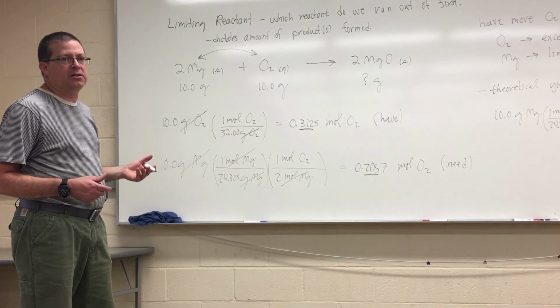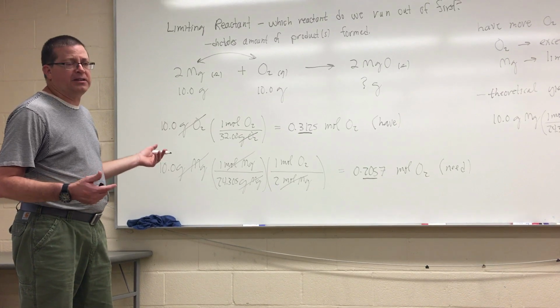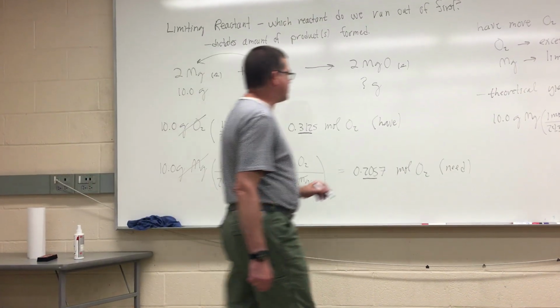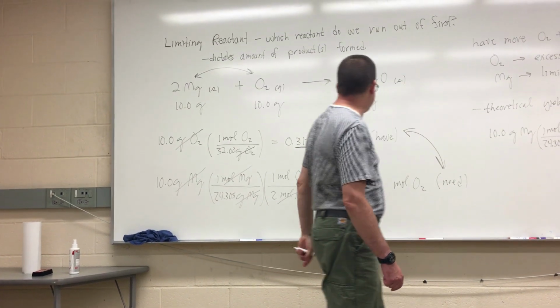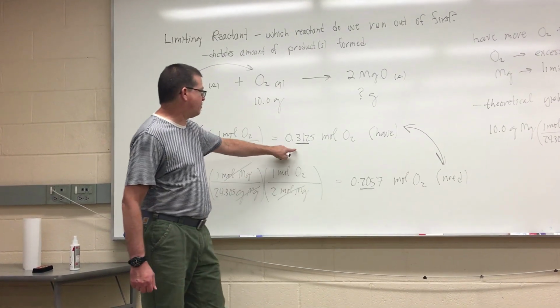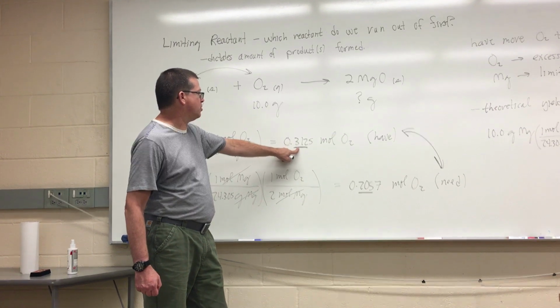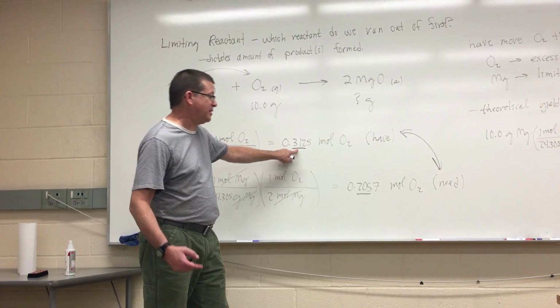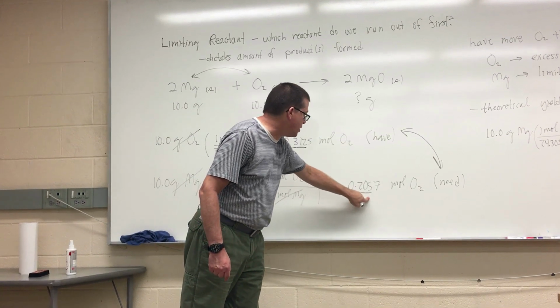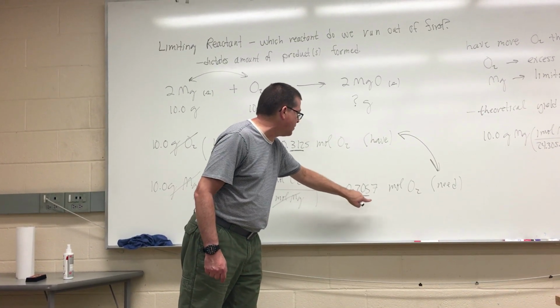Since I now have both of these in terms of oxygen, I can make a direct comparison between what I have and what I need. I have available to me 0.3125 moles of oxygen. To use up all of the magnesium, I need 0.2057 moles of oxygen.